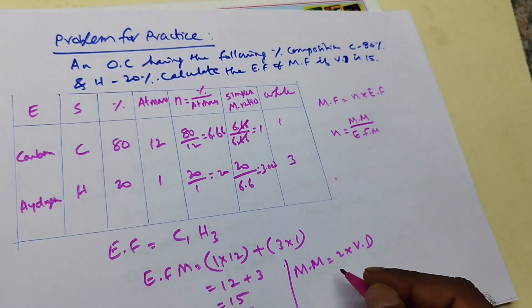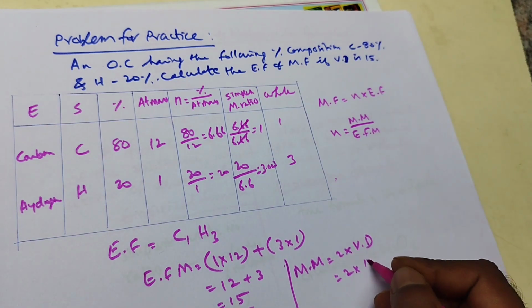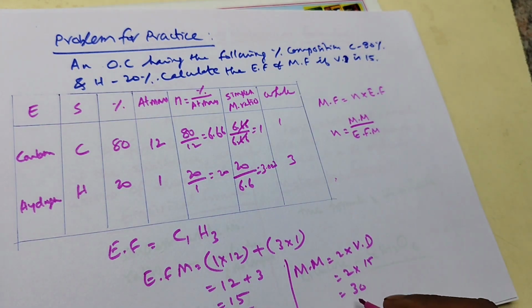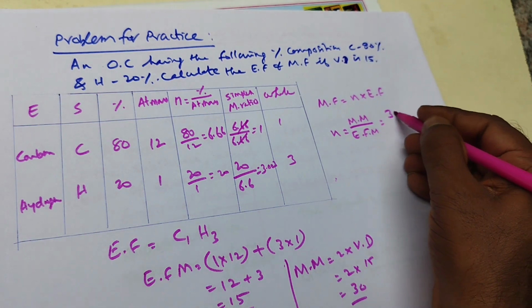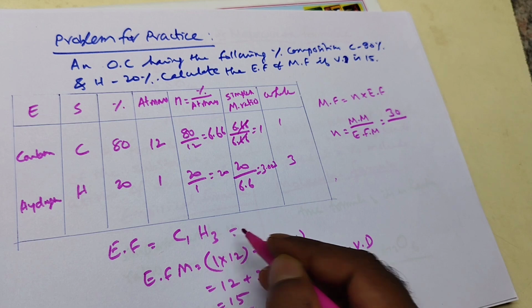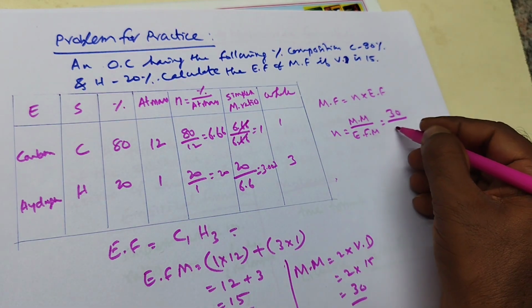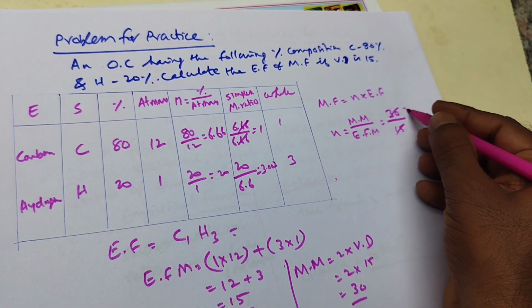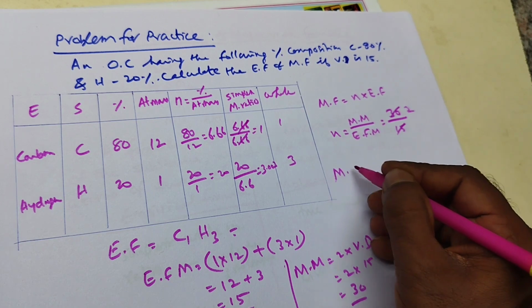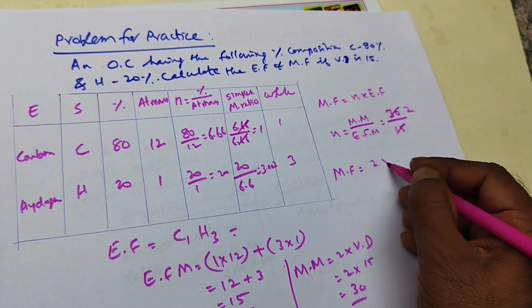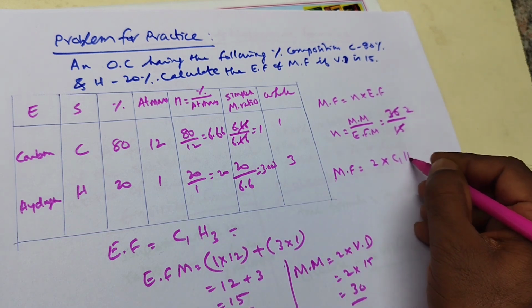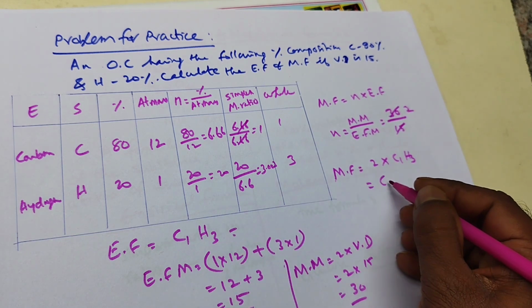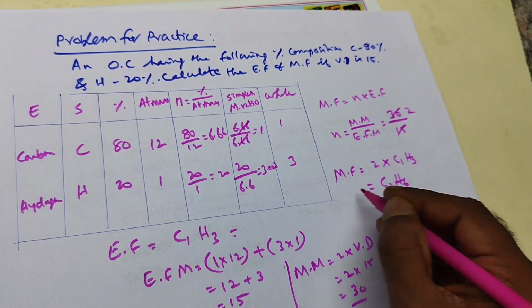The vapor density is given in the question as 15, so 2 into 15 is 30. Substituting in the formula, n is 30 divided by the empirical formula mass, which we already calculated as 15. Simplifying, we get 2. In the place of n, substitute 2 into the empirical formula C1H3. Therefore the molecular formula is C2H6.